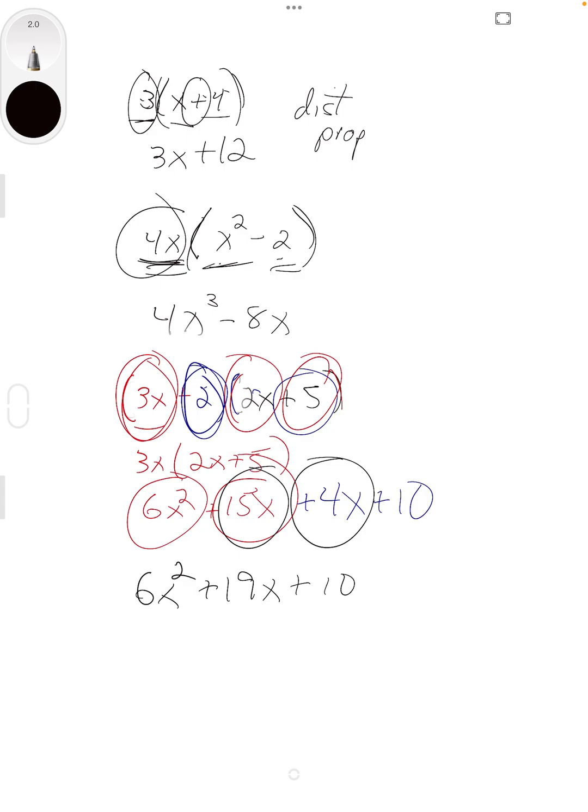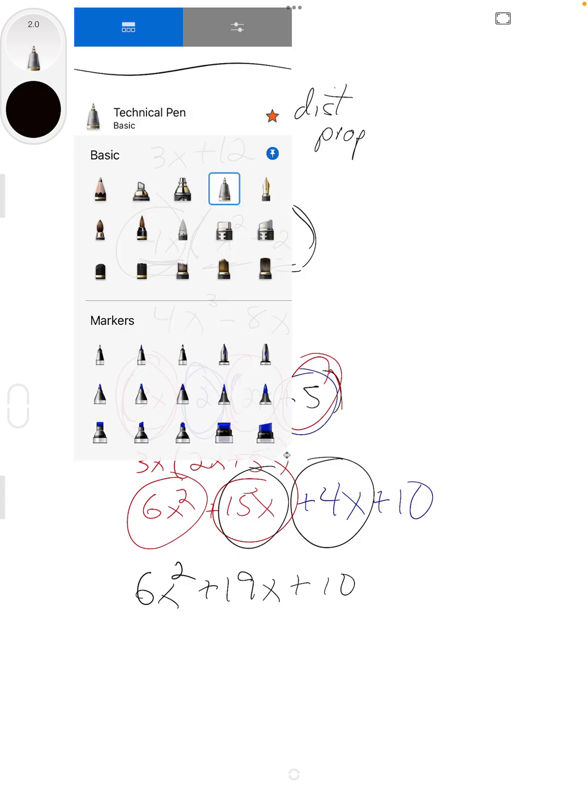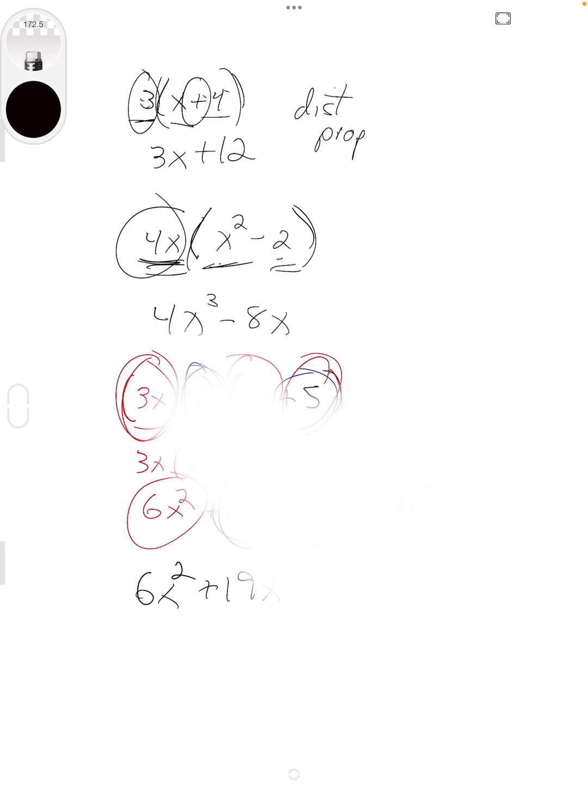So I'm going to do that without all the colors, and hopefully this will make sense to you if I do it again. Let's say I have 4x plus 5 times 3x minus 2.